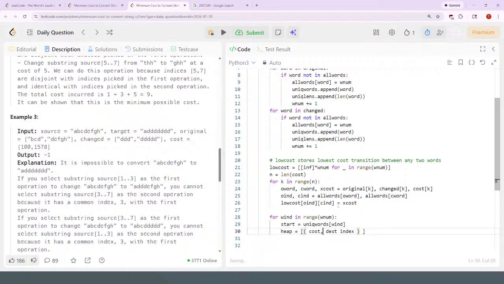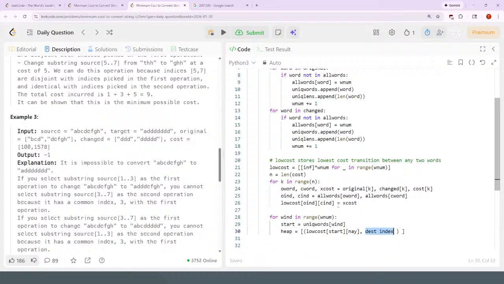Okay, so the cost here is going to be every neighbor of the thing, right? So it's going to be low cost from the start index to the neighbor index.